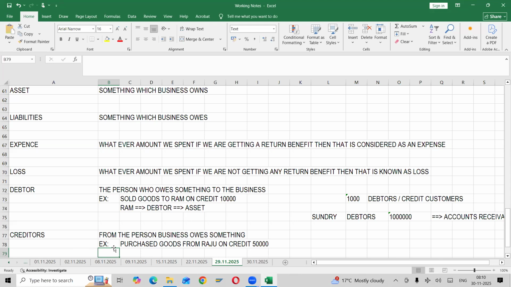Then that person is considered a creditor. Now who is our creditor here? Raju. Are we paying immediately? No. We promised that we are going to pay after a month, 2 months or 3 months. Till then, we need to pay him.